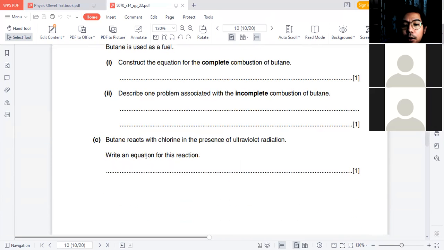Now, butane reacts with chlorine in the presence of UV light. Write the equation for this reaction. It's a substitution reaction, so you just need to substitute only.